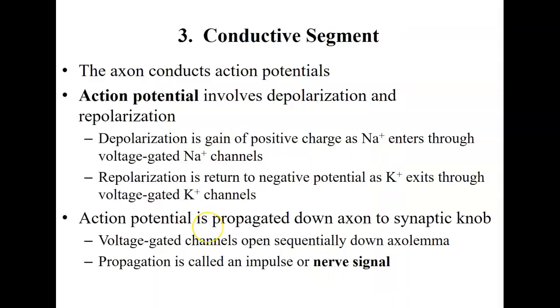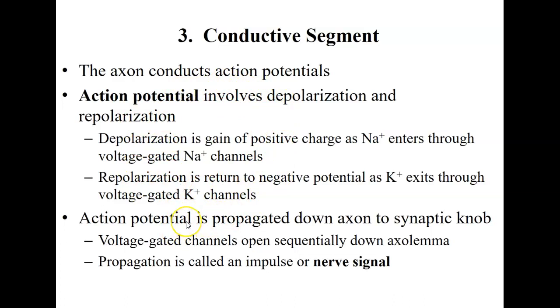The action potential then involves the conductive segment, and this is where we have depolarization and repolarization occurring. Depolarization is a gain of positive charge as sodium enters through, and repolarization is a return to negative potential as potassium exits through these voltage-gated channels, and that occurs in the axon only.